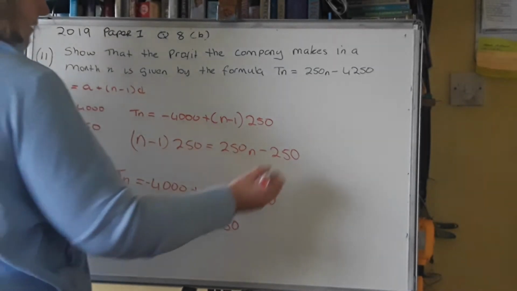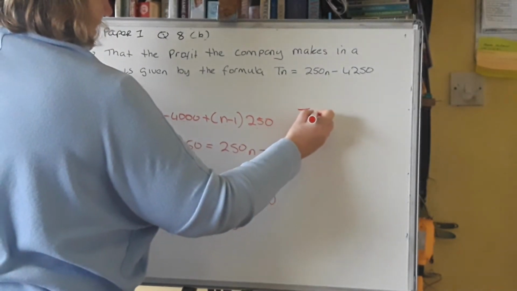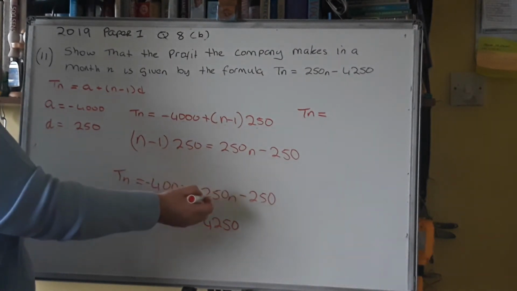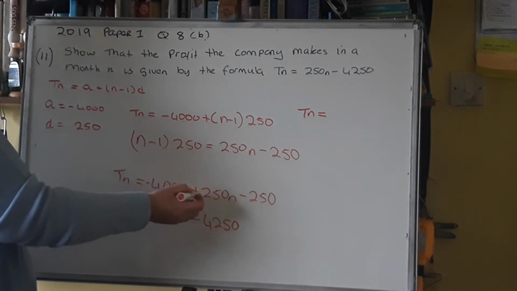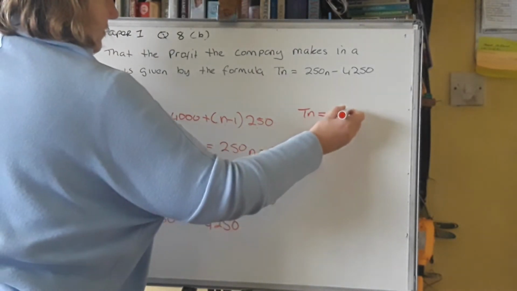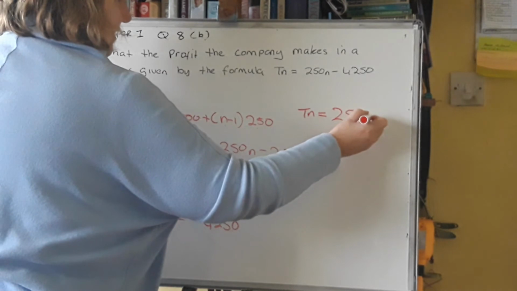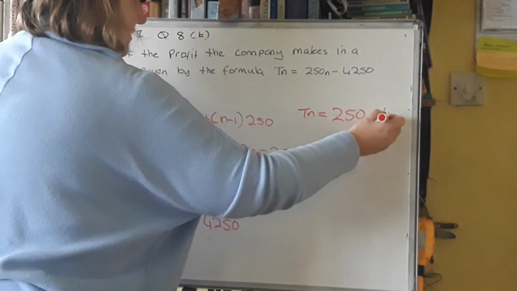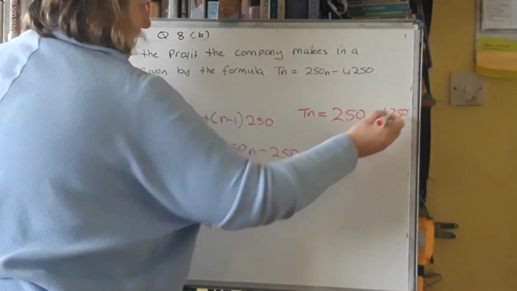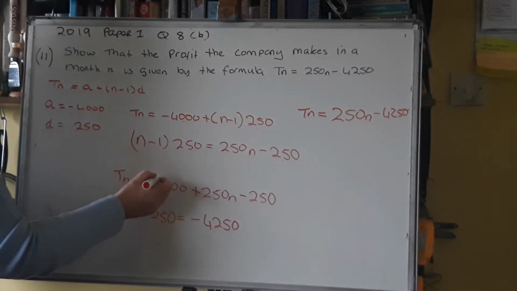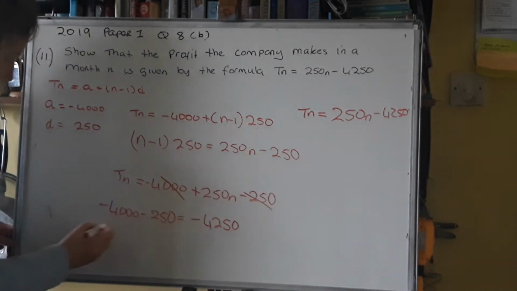So now we have Tn is equal to, usually when you write these out, you put the number with the n in it first. So we're left with 250n minus 4,250. That's very squashed in, so I'll write that out again here. So this is now gone because we've put them together.